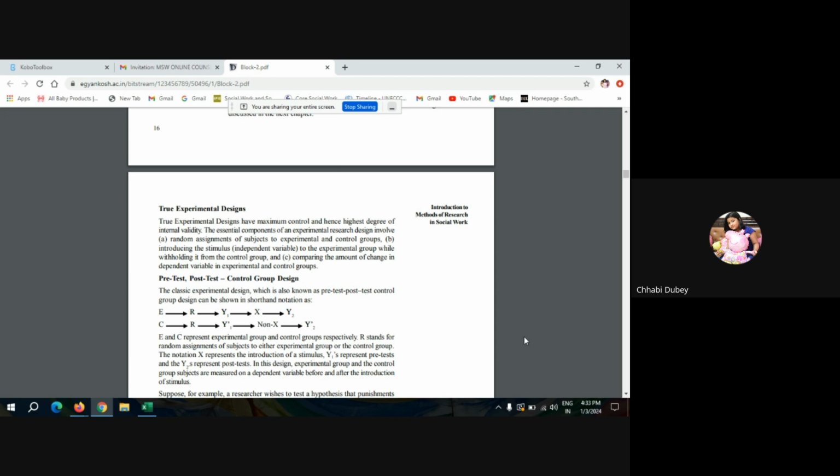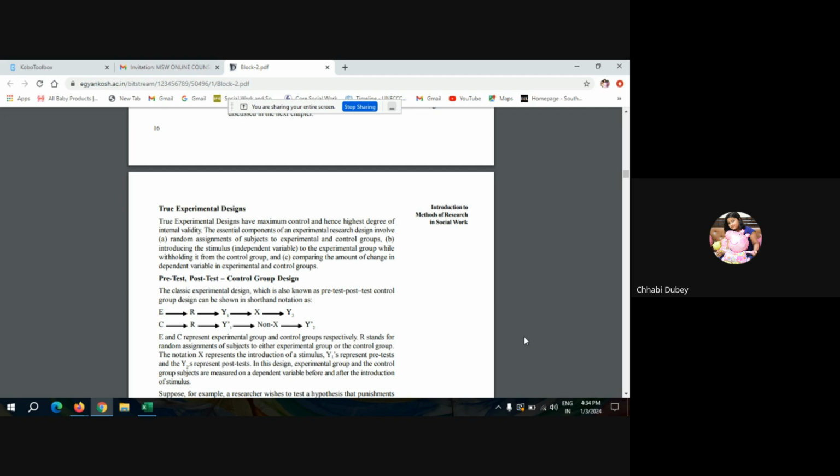And finally, the third component is comparing the amount of change in the dependent variable in the experimental and the control group. This part involves comparing the amount of change that takes place after the stimulus has been introduced in the experimental group, and also in the control group.